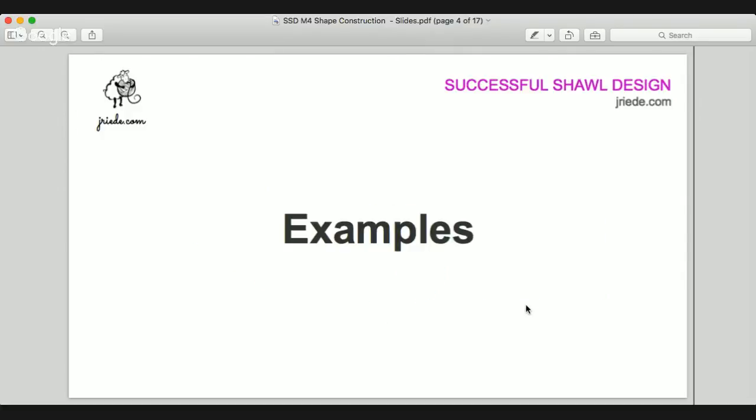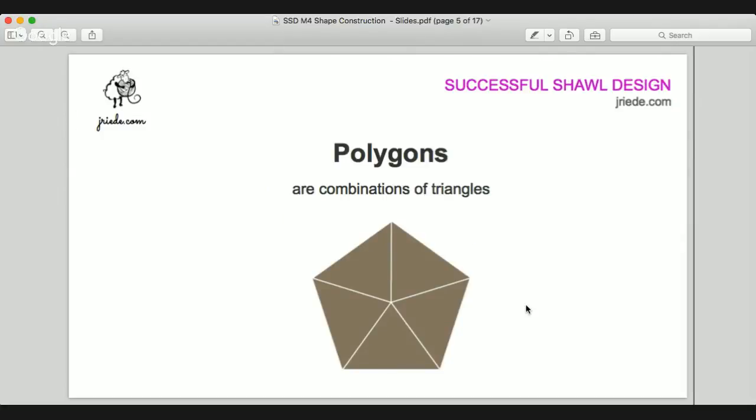Okay, let's have a look at some examples. Polygons are combinations of triangles. In this case, you see a polygon consisting of 5 triangles. As in every polygon, you have to sum up your inner angles, this one here, and this one, these angles.